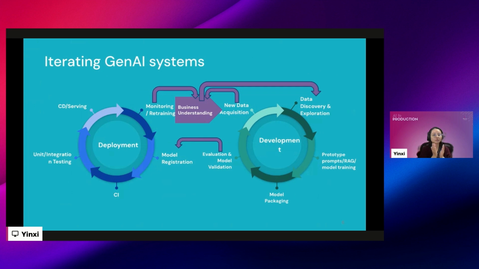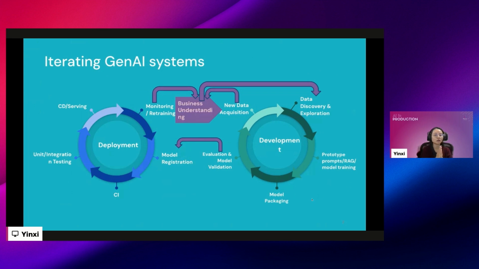Once your code is ready, we want to think about how to package this pipeline or model to prepare for deployment. We do evaluation and model validation before we actually deploy it to production with CI/CD tools, which will help with unit testing, integrated automated testing and automated deployment.